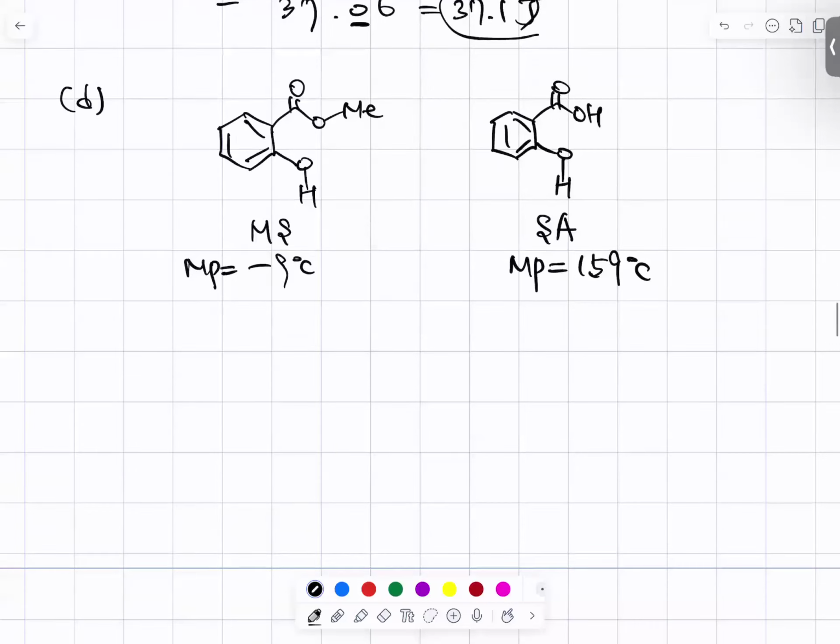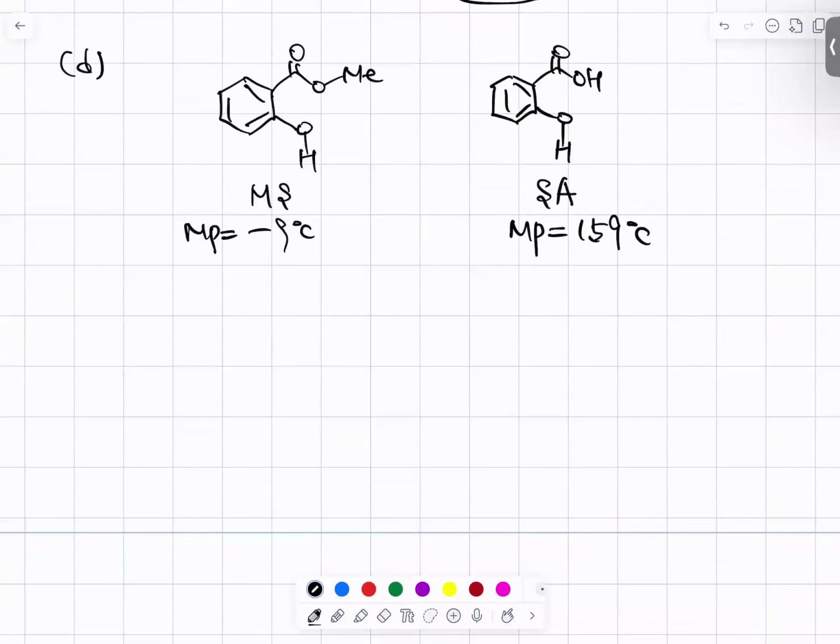Okay, how can you explain this physical property difference using intermolecular forces? All right. In order to find out intermolecular forces, think about the polarity of a molecule. With many atoms, when you think about it locally, we focus on the functionality. So what I mean is focusing on this ester and hydroxyl group, and again the hydroxyl group and this carboxylic acid.